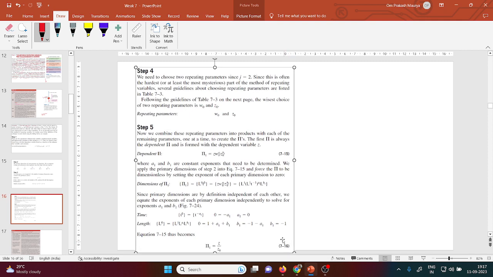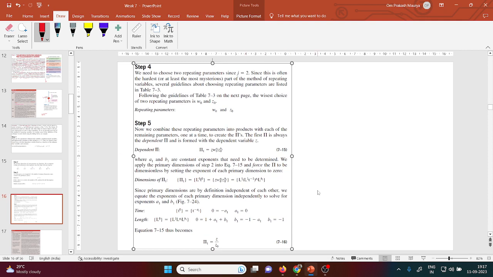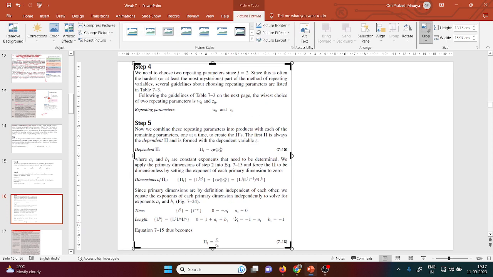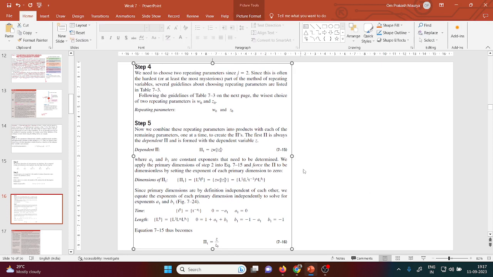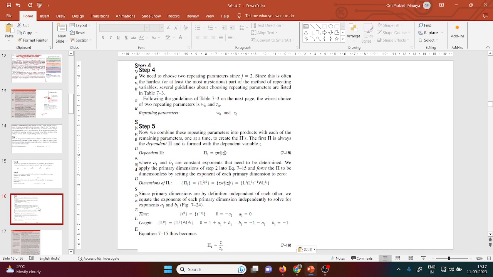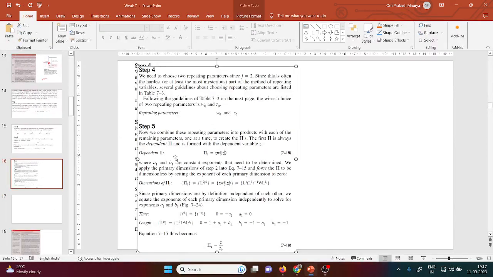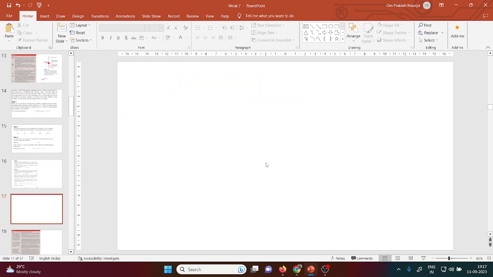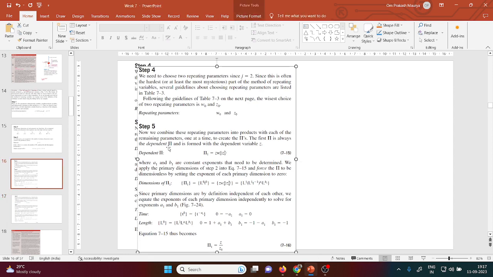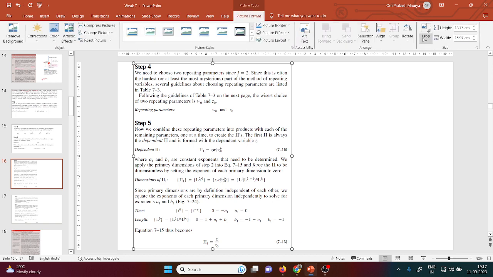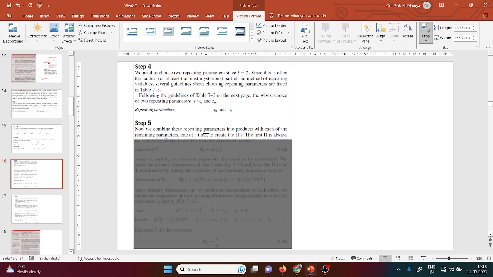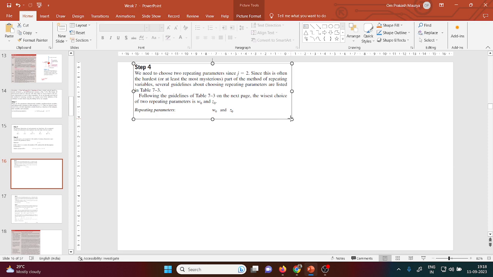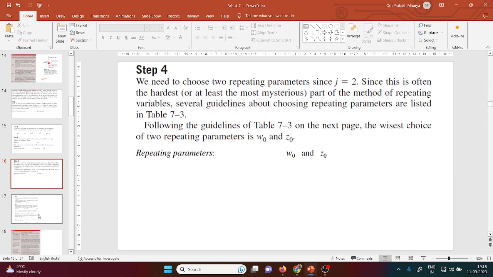Because these steps are very important for the Buckingham Pi theorem. So Francis has left, or he's not available.